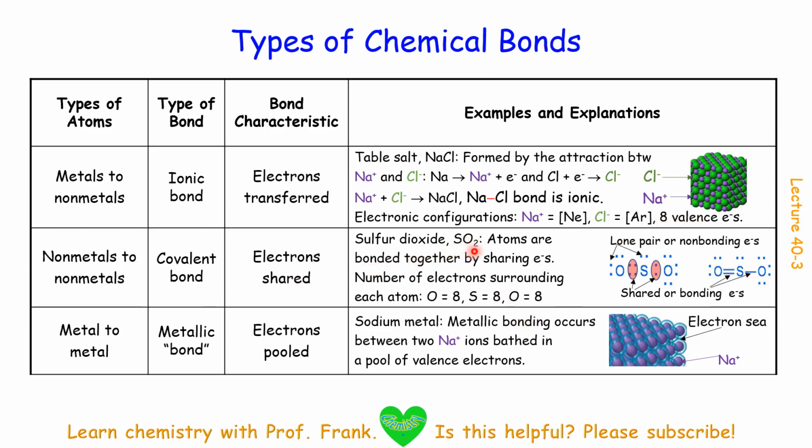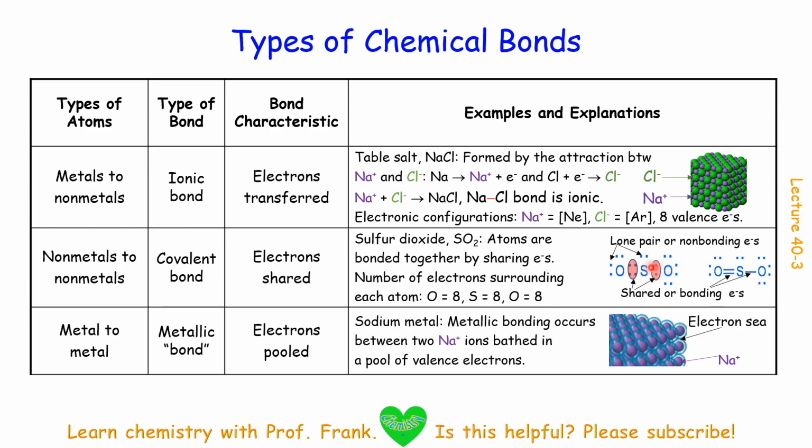Sulfur dioxide contains covalent bonds that are formed by sharing of electrons. For example, between the first oxygen atom and sulfur, 4 electrons are shared by the two elements, and then a double bond is formed. A double bond is a covalent bond.